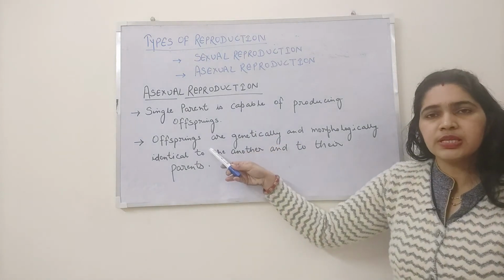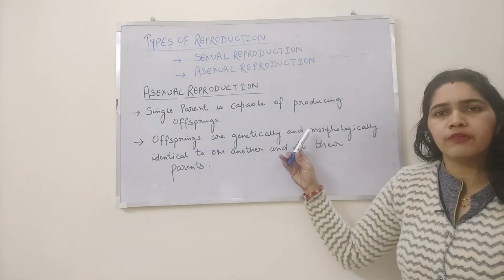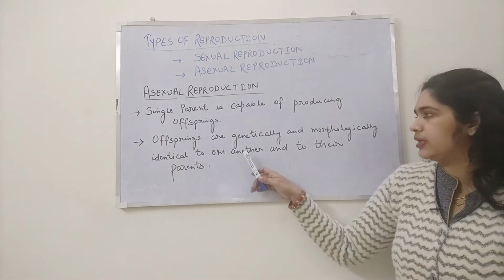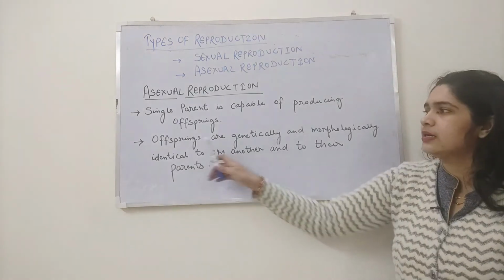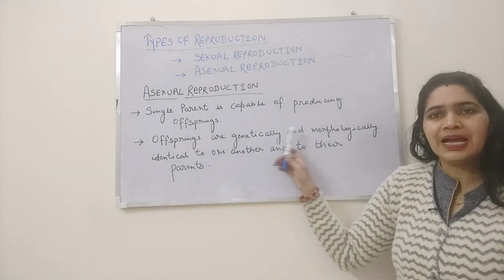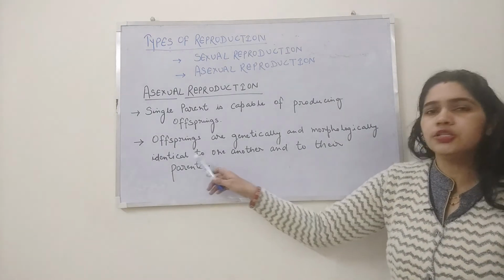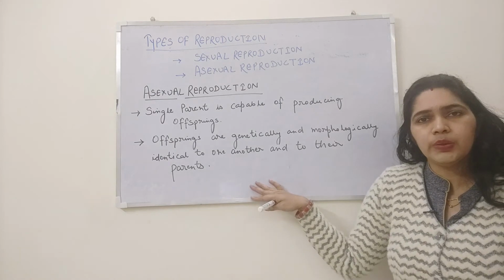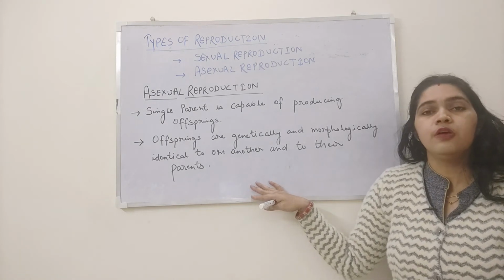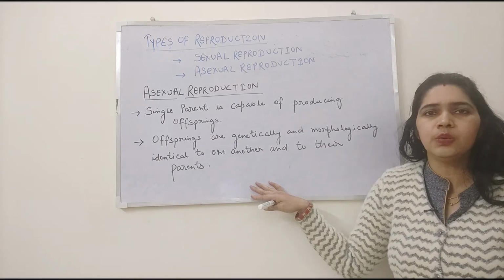The offsprings produced by asexual reproduction are genetically and morphologically identical to one another and to their parents. Please pay attention to my words that offsprings are genetically identical and morphologically identical to one another and to their parents. जो ऑफस्प्रिंग्स जनरेट हुए हैं असेक्सुअल रिप्रोडक्शन में वो एक दूसरे के आइडेंटिकल होंगे और वो अपने पेरेंट्स के भी आइडेंटिकल होंगे.